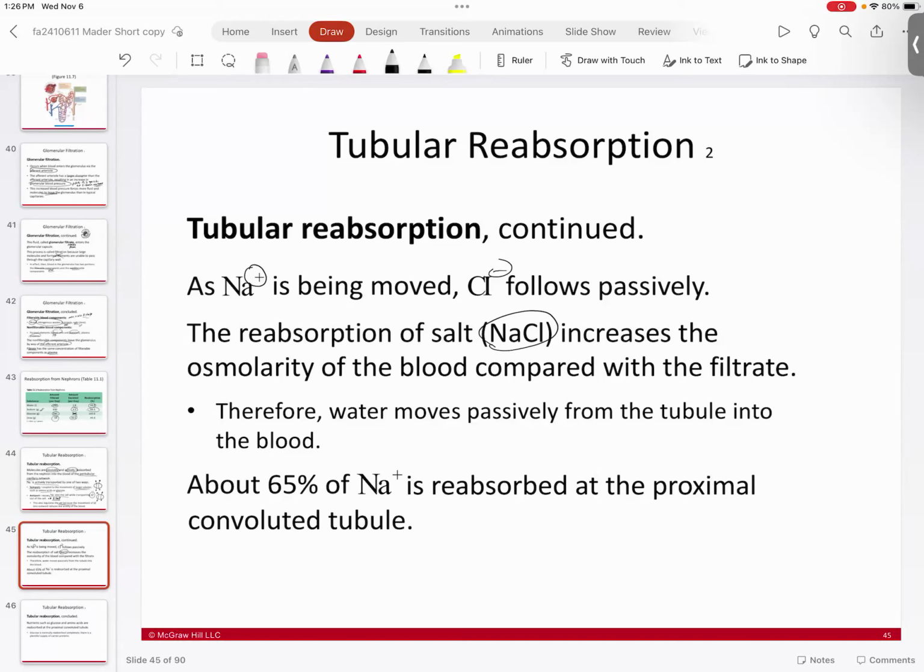Now, once the sodium chloride moves into the bloodstream, you've created this osmotic tension that allows water to passively move from the tubular system into the blood. Why? By the osmotic sucking effect of the sodium chloride. Remember, salt sucks. That's our mantra, right?